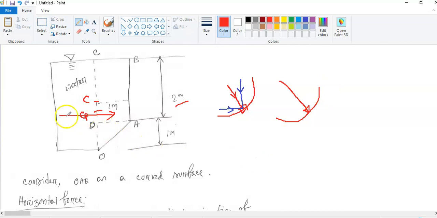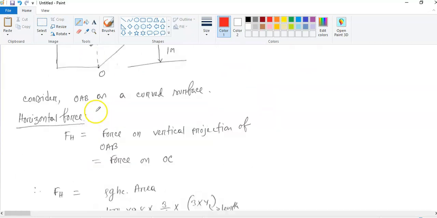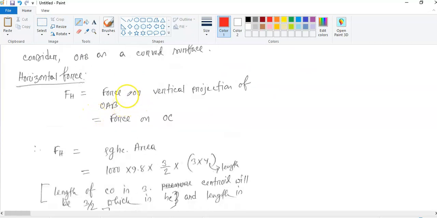That means the horizontal force will act on the vertical projection of this wall. So we developed this vertical projection, which is OC. So the horizontal force is equal to the force on the vertical projection of OAB, which is actually OC. The horizontal force is the pressure times the corresponding area.